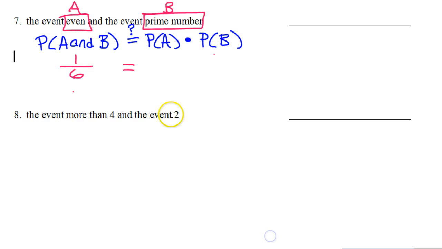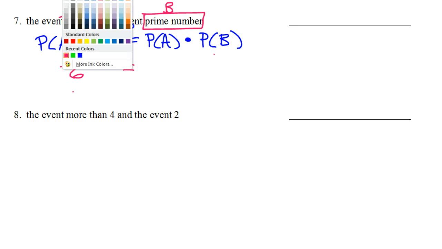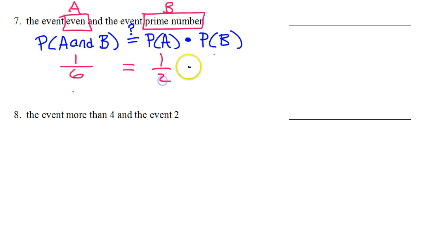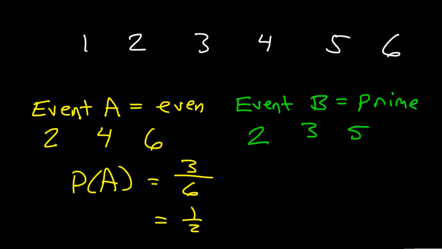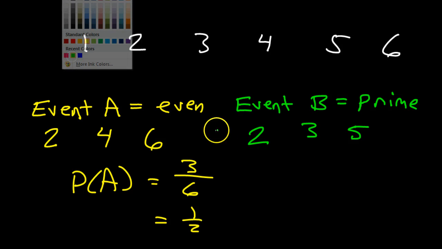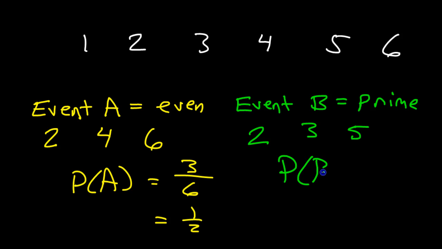Okay, great. So 1/2. Now how about probability B? Well, probability B has the same thing going on. Probability of B, it also has 3 chances out of a total of 6. So that is also 1/2.